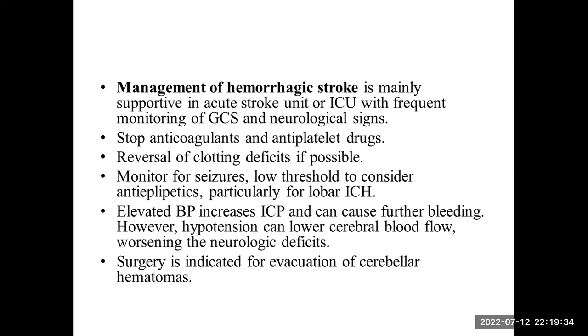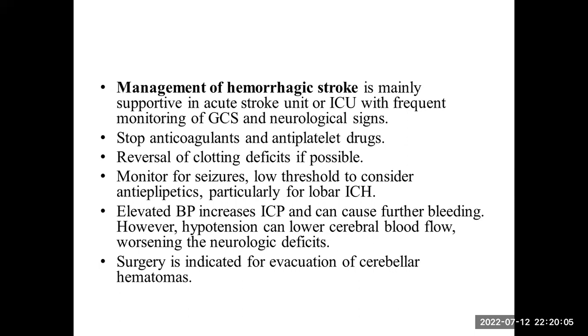An initial step when you are dealing with any form of hemorrhagic stroke is to stop any anticoagulants or antiplatelets used by the patient. This should be stopped immediately. Along with that, you should try to reverse any clotting deficits if possible. If there is a coagulopathy, clotting deficits which can be corrected, for example, if this hemorrhage is related to warfarin overdose, you can give PCC, vitamin K, or fresh frozen plasma.